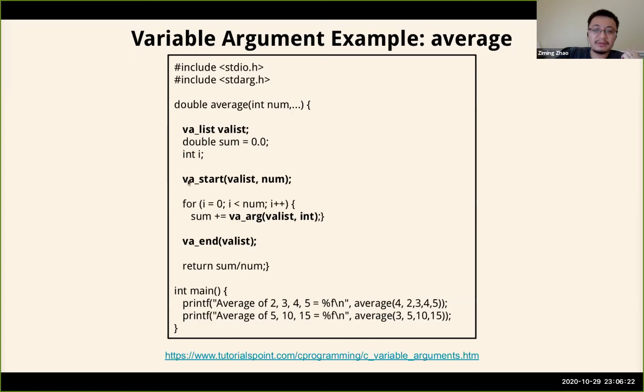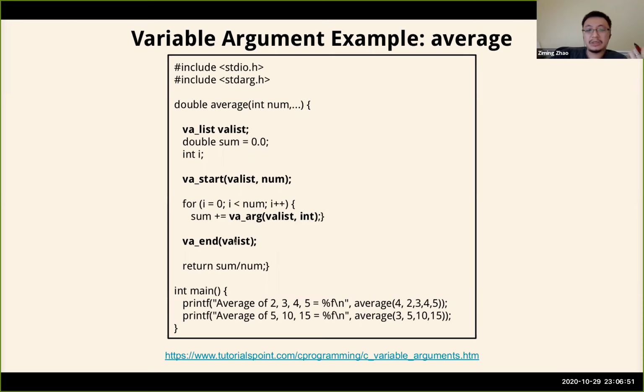That finishes the initialization. Then after that, you just keep calling the function va_arg. It takes arguments: the first one is the va_list, the second one is the type. Every time you call this, it returns the next argument. In this function, we want to know how many arguments there are, so we specify that in the first argument here.